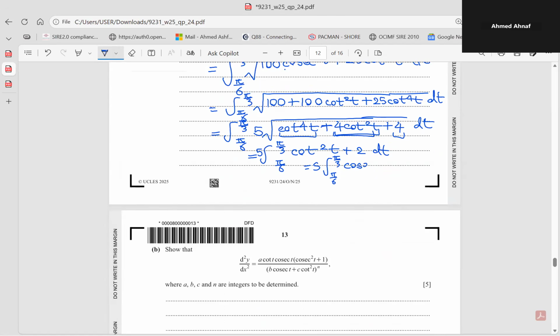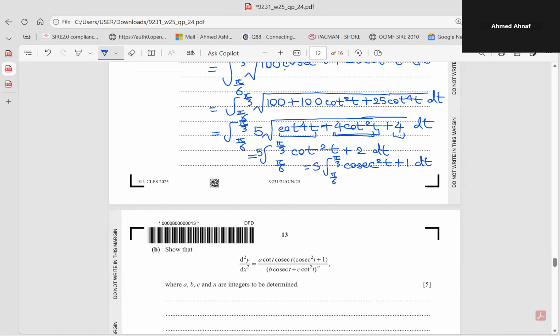So the integrand becomes cosecant squared t minus 1 plus 2, so that's just cosecant squared t plus 1, dt, with limits pi over 3, pi over 6.